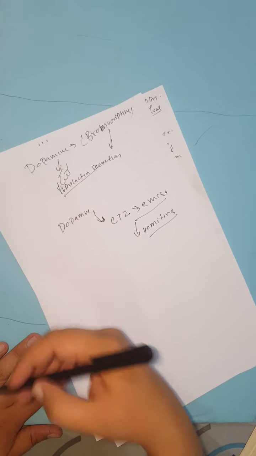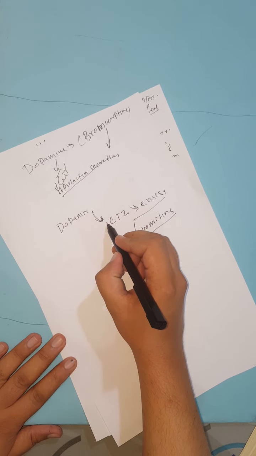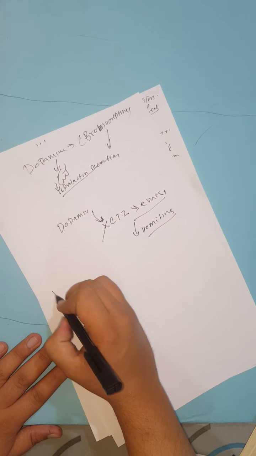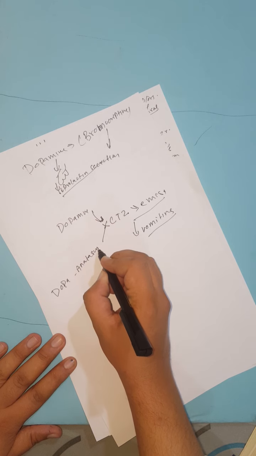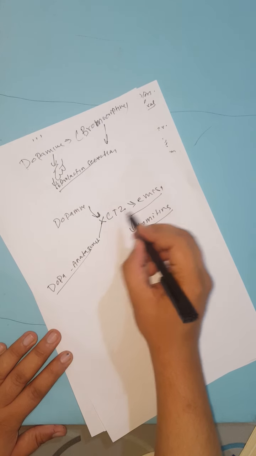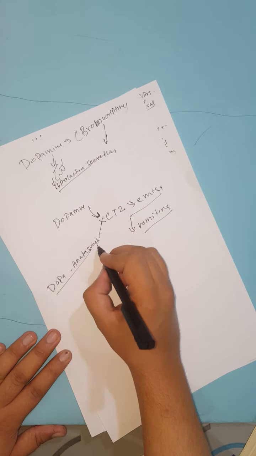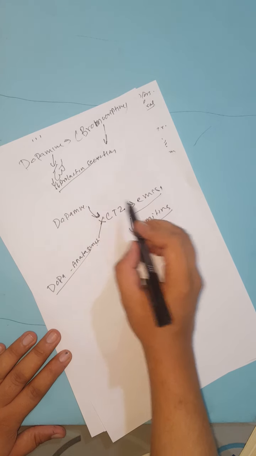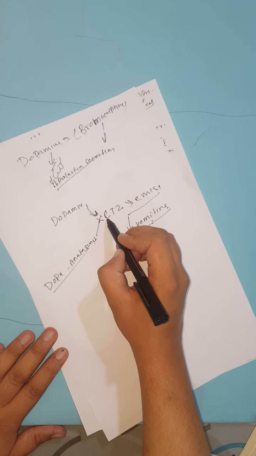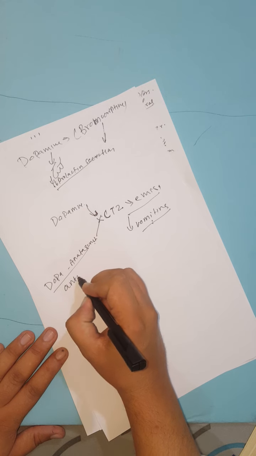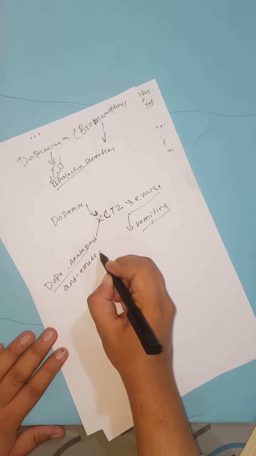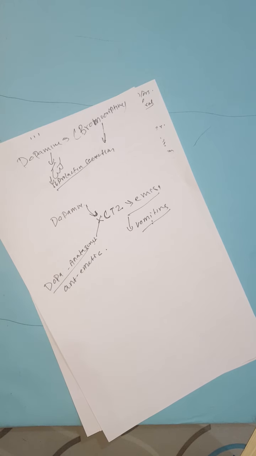Antagonists have the reverse effect: they block the chemoreceptor trigger zone, so they are antiemetic and can be used as antiemetics. The other drugs we will discuss in the next lecture.